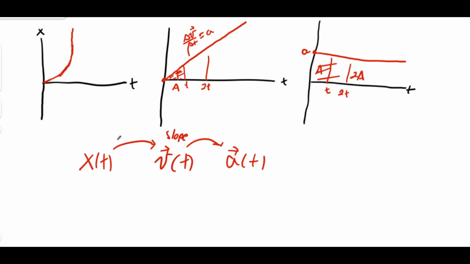Find the slope of an interval, that gives you the value of this next function for the interval. But if we want to go backwards here, then we use the area.